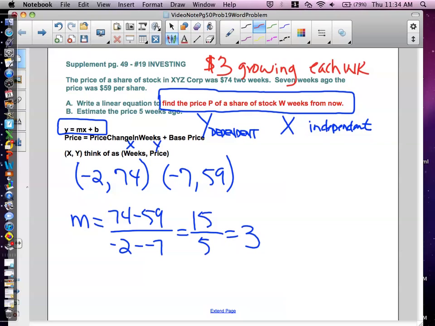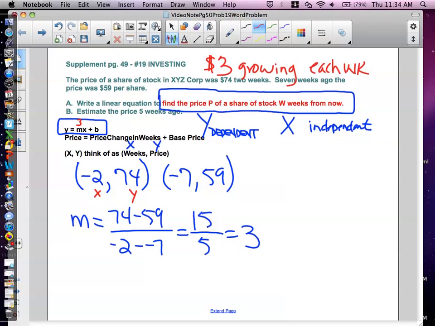And here's my equation, y equals mx plus b. Well, I now know that the m will become the letter 3. So I can take either ordered pair with an x and a y, arrange my equation making the proper substitutions, and then I can solve for b, which would act as a base price that we'll be comparing everything to.